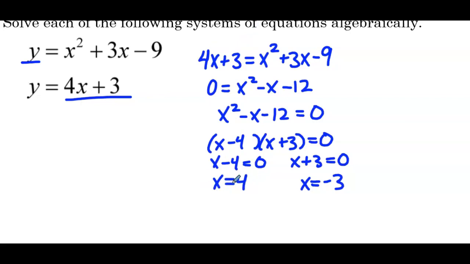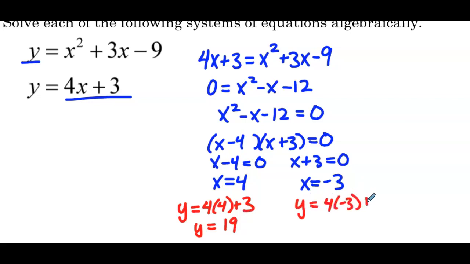So we're going to take x equals 4 and plug that in, so we have y equals 4 times 4 plus 3. So y equals 16 plus 3, which is 19. And then here we have y equals 4 times negative 3 plus 3. So y equals negative 12 plus 3, so that's negative 9.